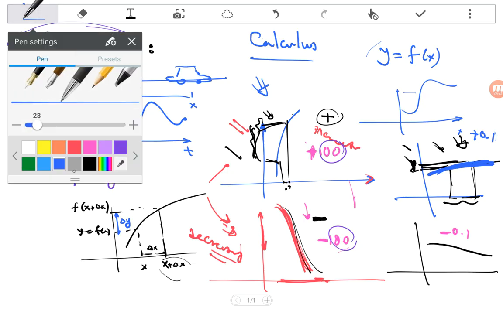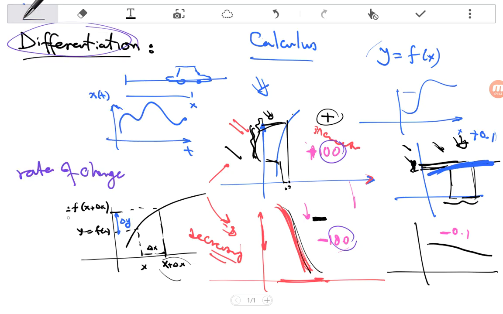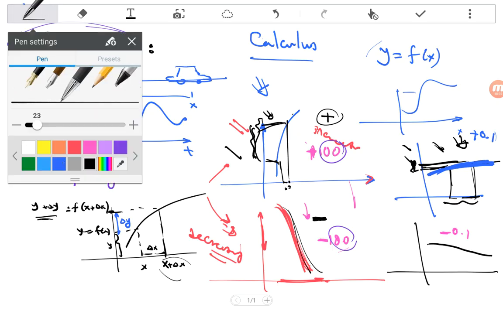So I may notice here that I have a difference also in the output, which is y. That's why I will call that output y plus delta y, as if this is y and this is delta y, so this number would be called y plus delta y. Now, how would I measure the rate of the change?